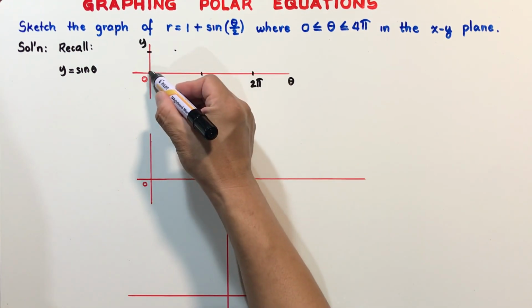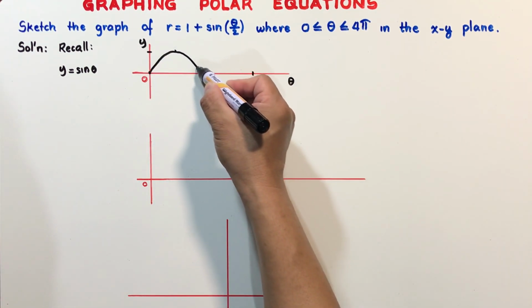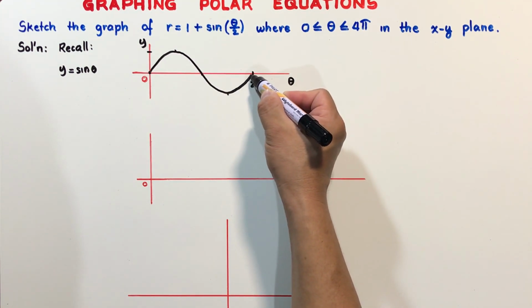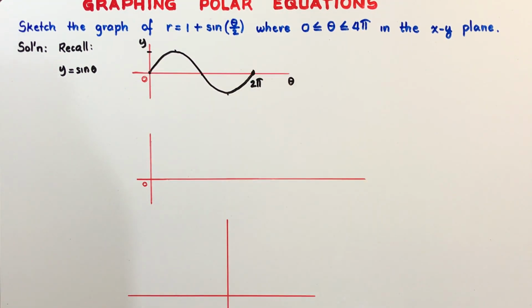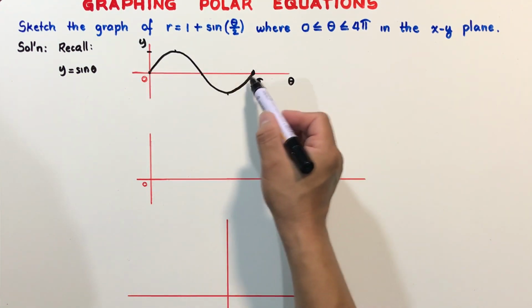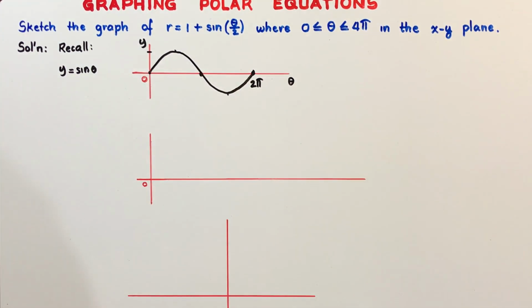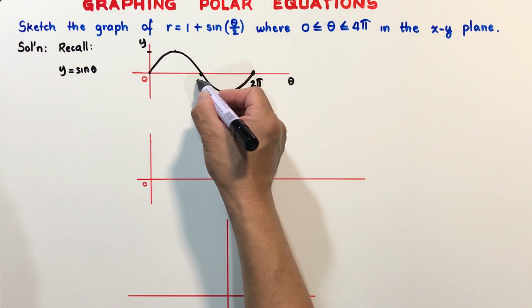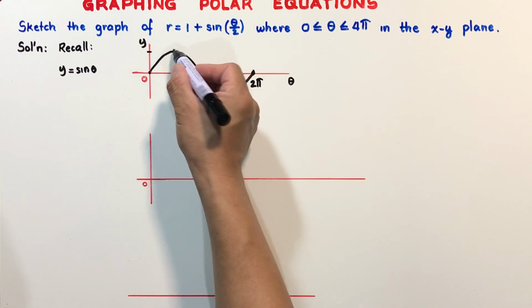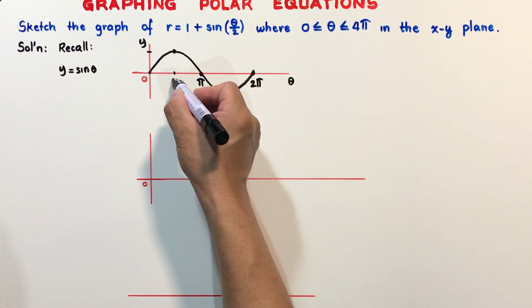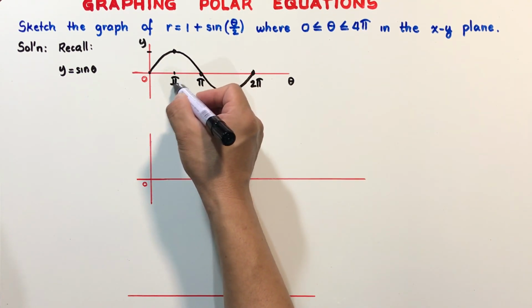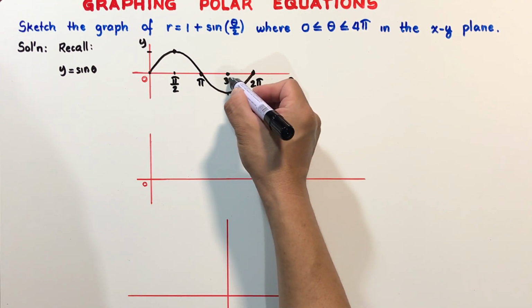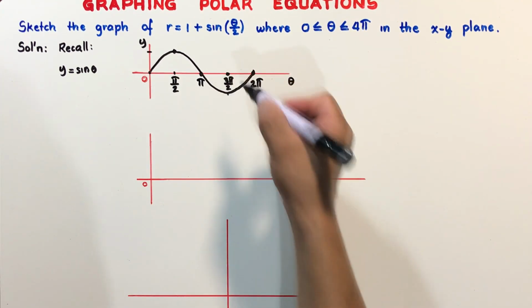So it goes this one here, and then back to 0, and then negative 1, then 0. So this is one period of the graph. So at this point, this is when your theta is pi. So here at the highest point, this is where your theta is pi over 2. And also this one, this is 3 halves pi.